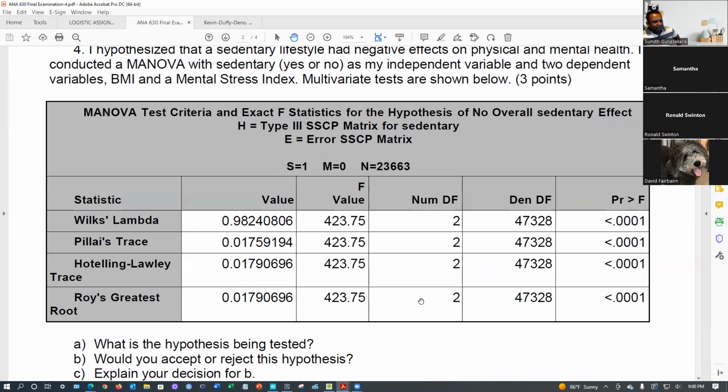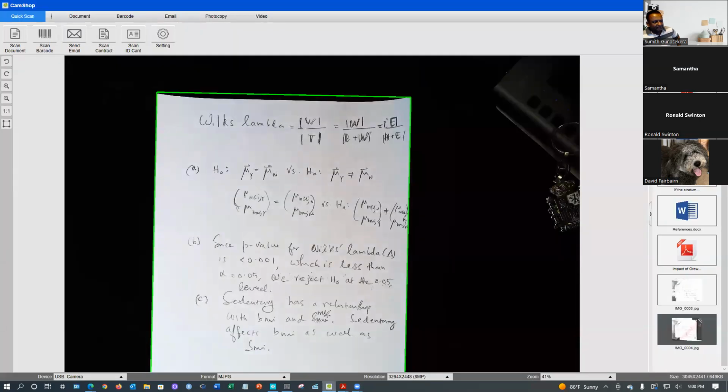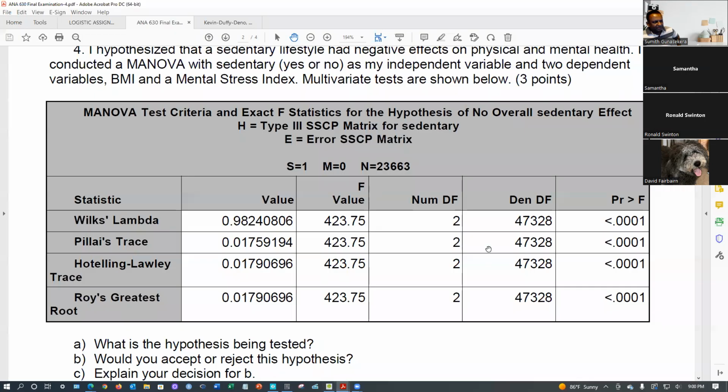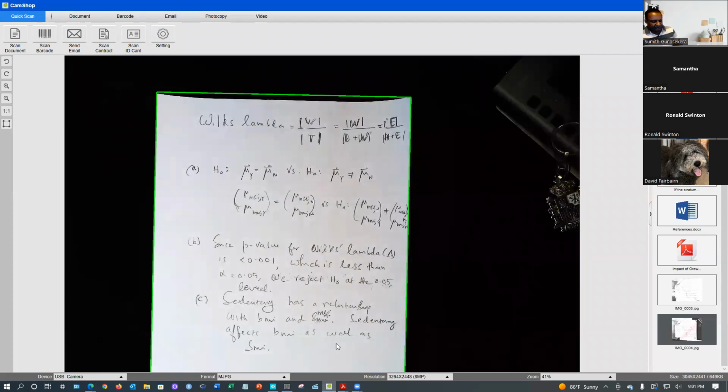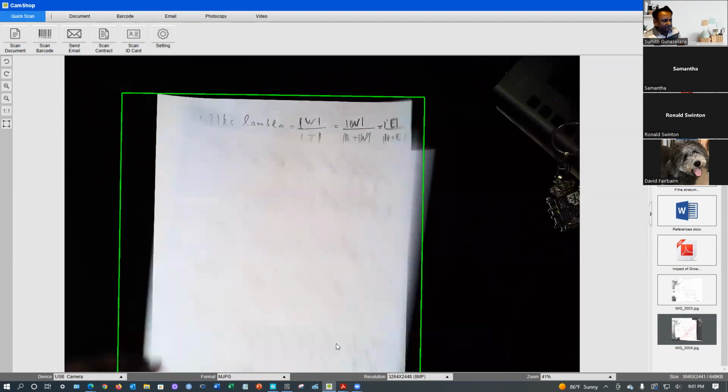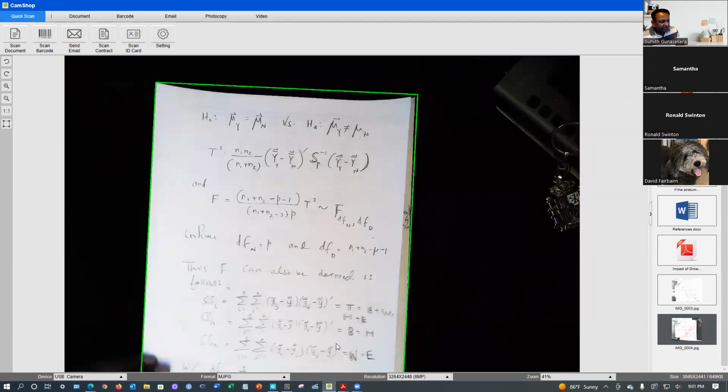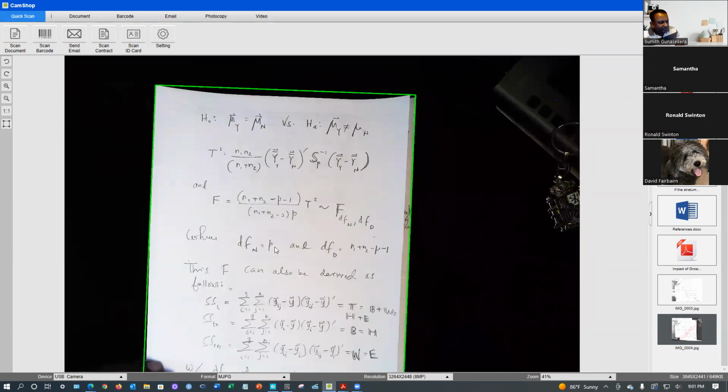Would they have degrees of freedom? Denominator degrees of freedom, and remember that we might know this one. This one is the numerator degrees of freedom, which is P. P equals how many variables? 2.